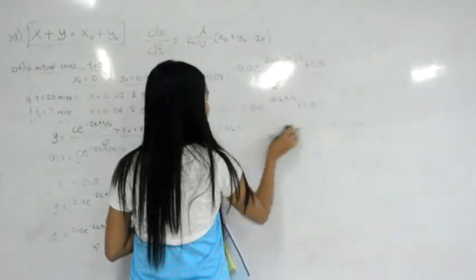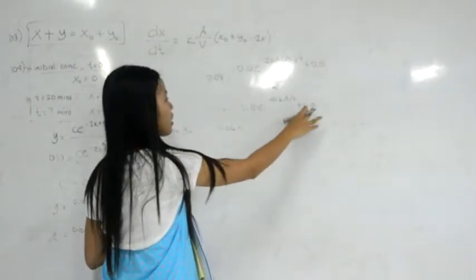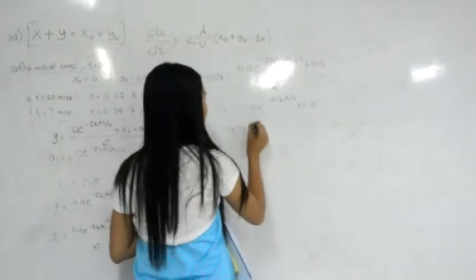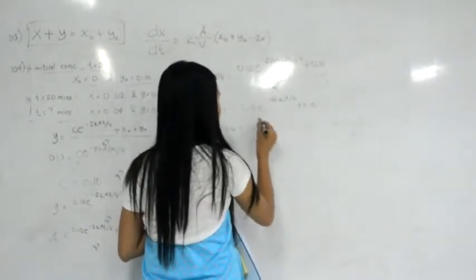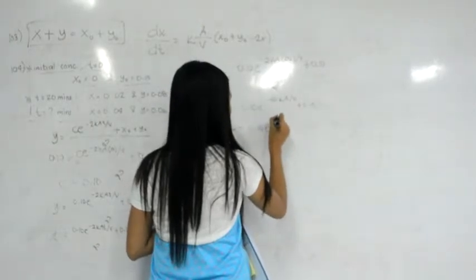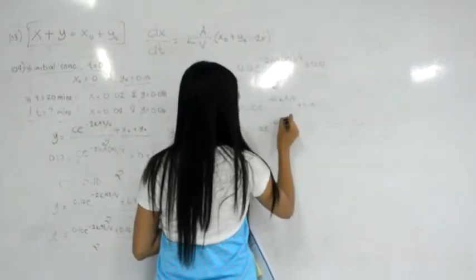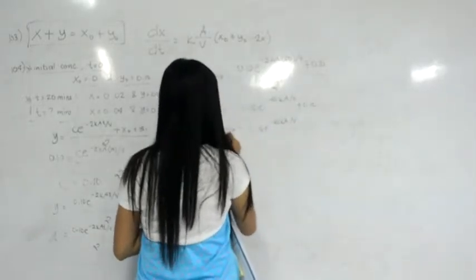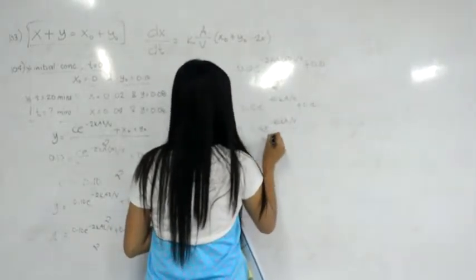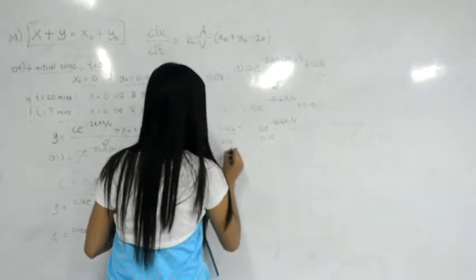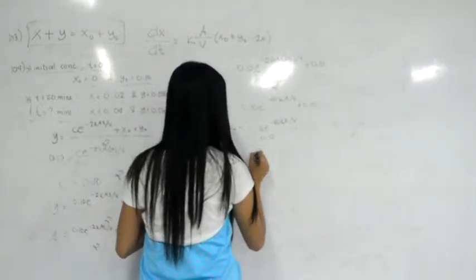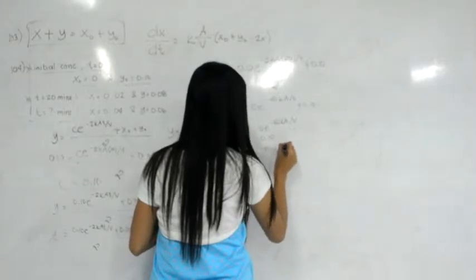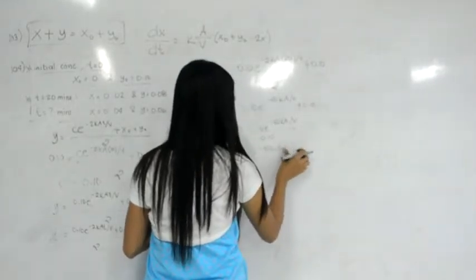Transposing 0.10 to the left side, we get 0.06 is equal to 0.10 e to the negative 40 k a over v. Dividing both sides by 0.10, we have 0.6 equal to e to the negative 40 k a over v.